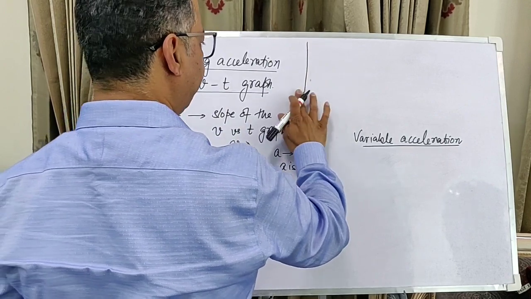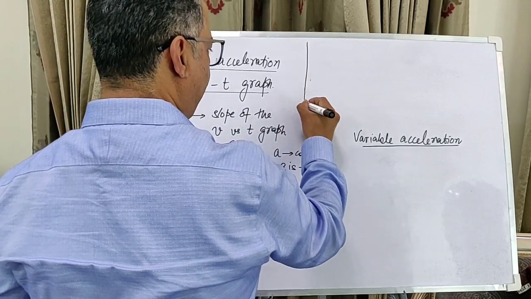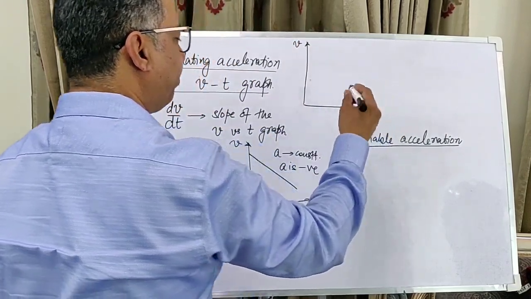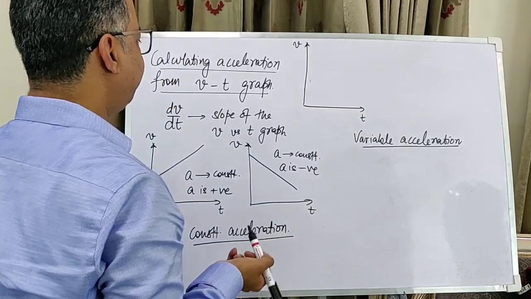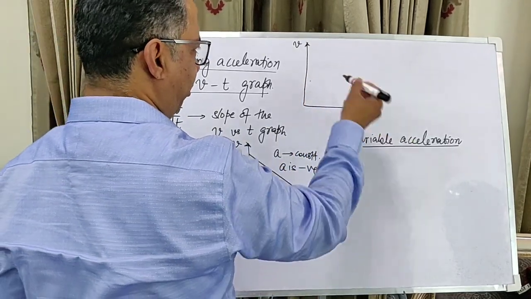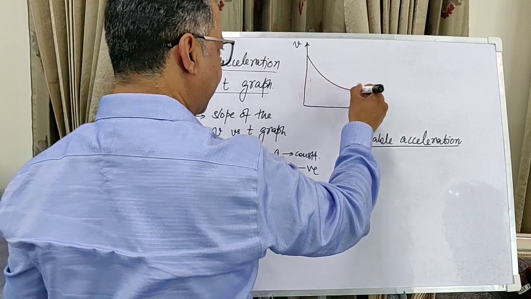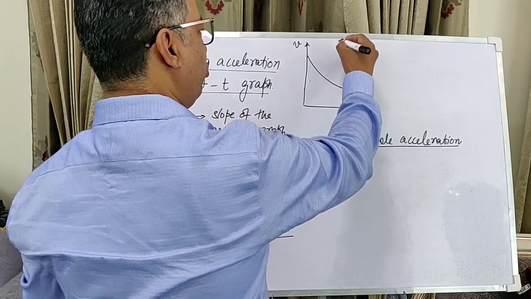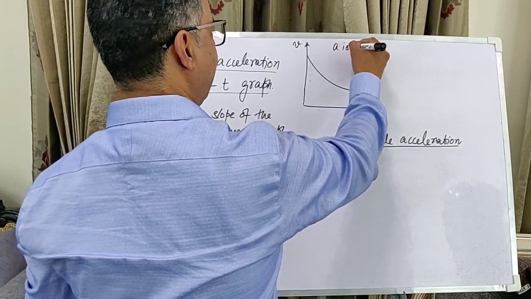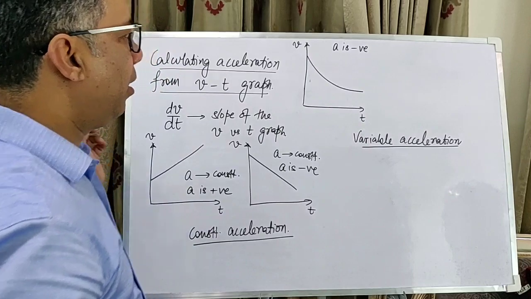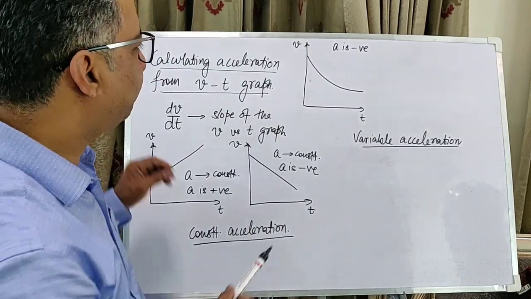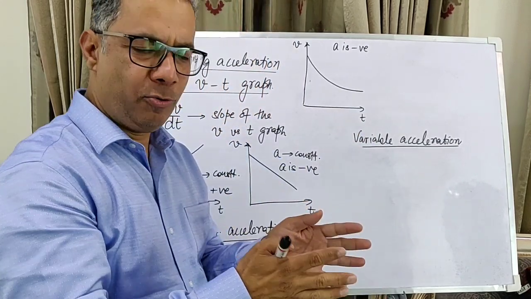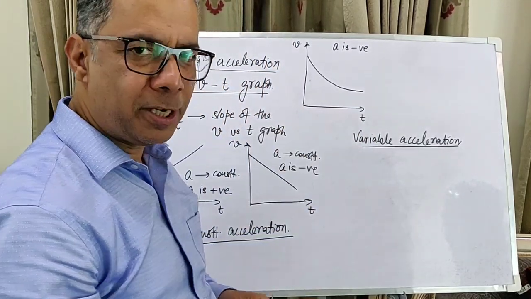For example, have a look here, V versus T. Now if I draw the graph of V versus T in this manner, what we observe is that there is a downward sloping graph, so A is negative all this time. And what is happening to slope? Well, the graph is becoming more and more horizontal, so the magnitude, the modulus of the slope is decreasing.